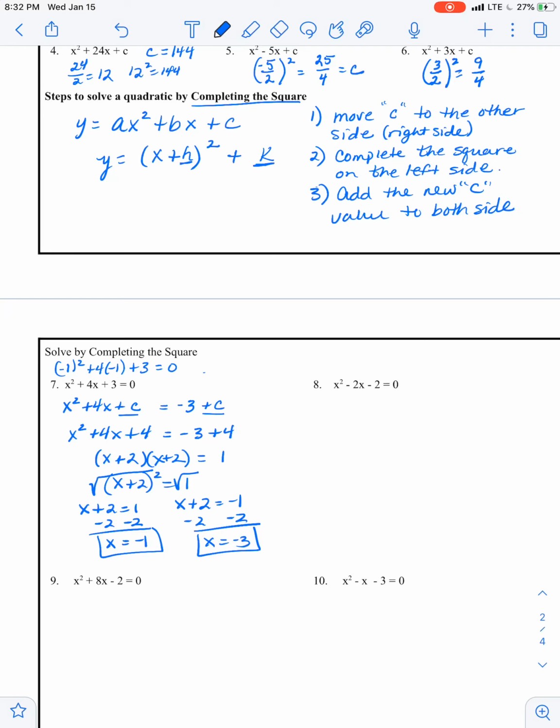And then step 4, we want to factor the left. And then from there, we'll do the solving by square root.